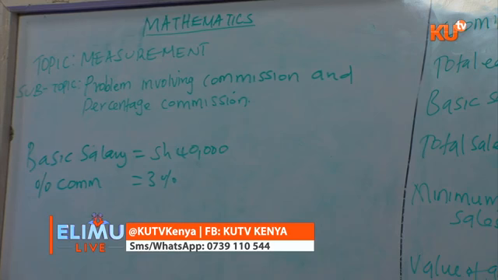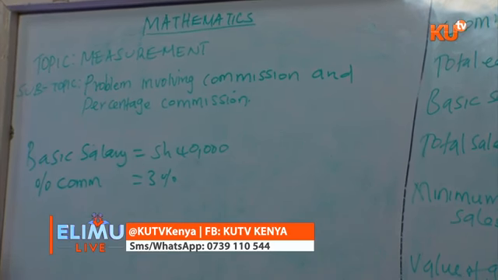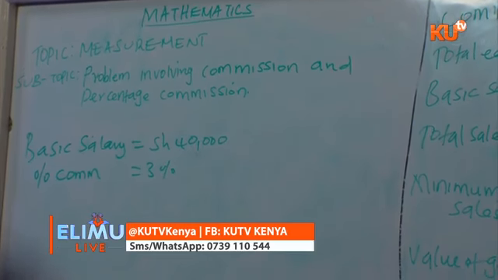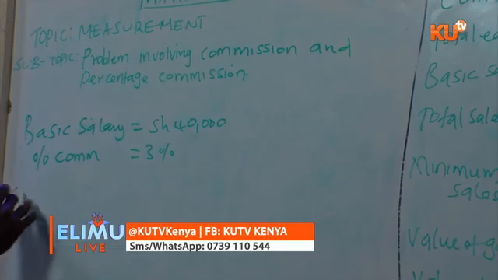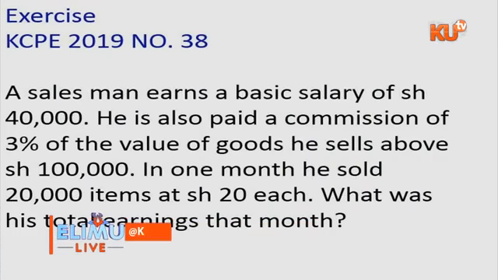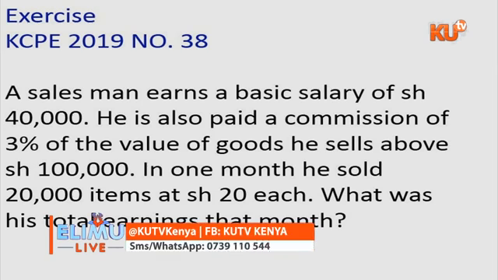We also have minimum sales because we are told that he was given commission above sales of goods, the value of goods he sells above 100,000. So that 100,000 is the minimum sale from which he's supposed to get commission. So the minimum sale is 100,000 shillings.